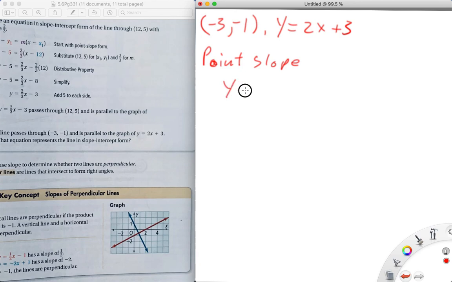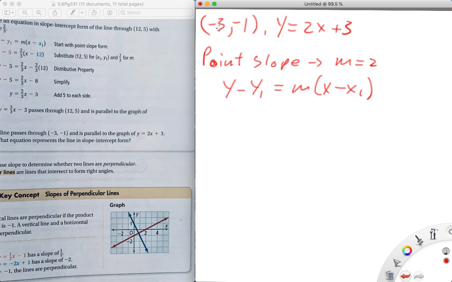So remember that point slope is y minus y1 equals m times x minus x1. I'm going to use the slope of this guy. The slope is going to be 2 because it's parallel.